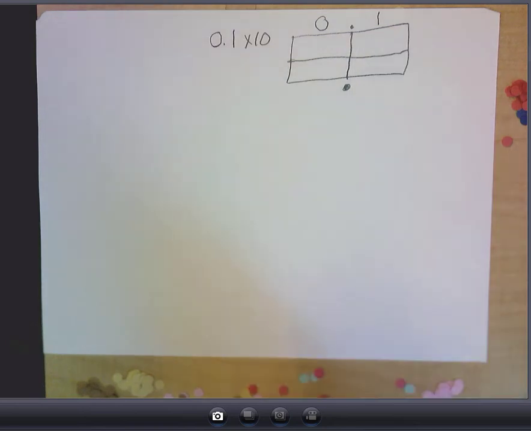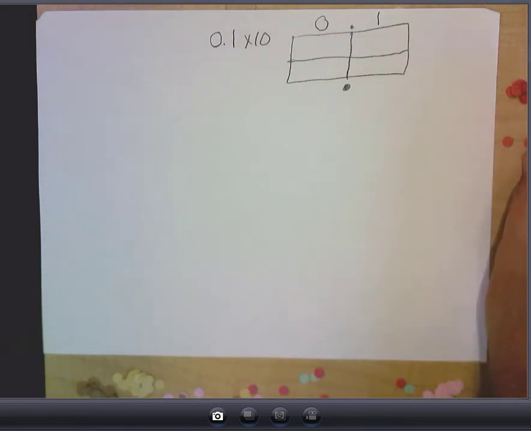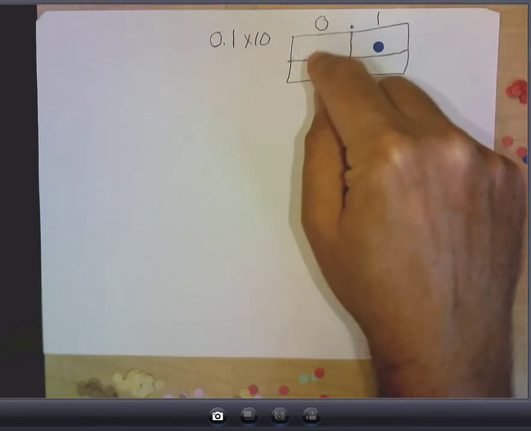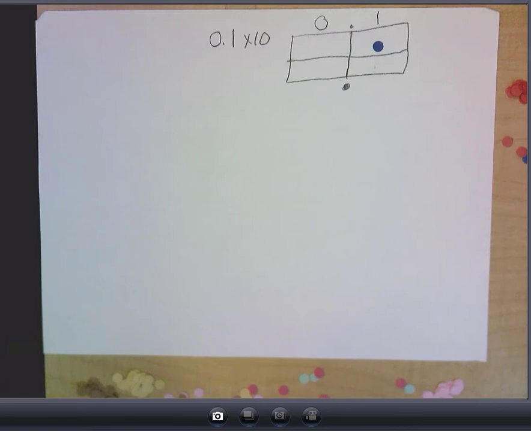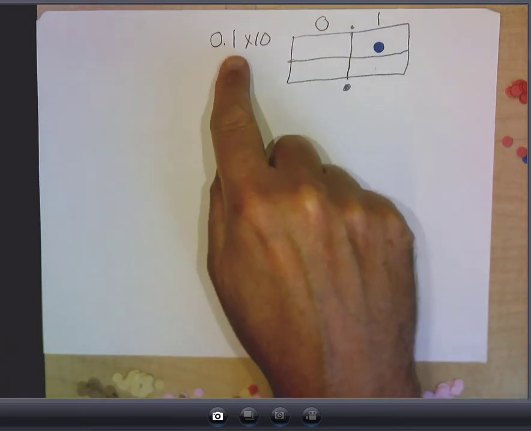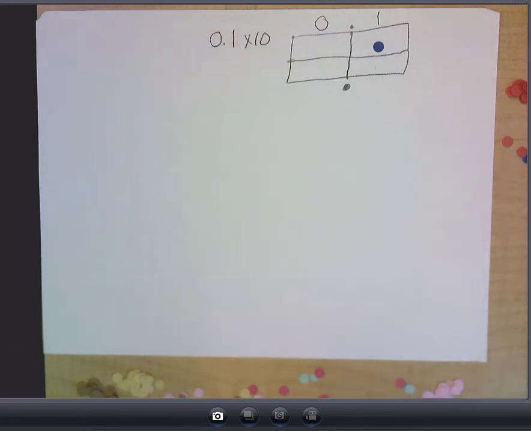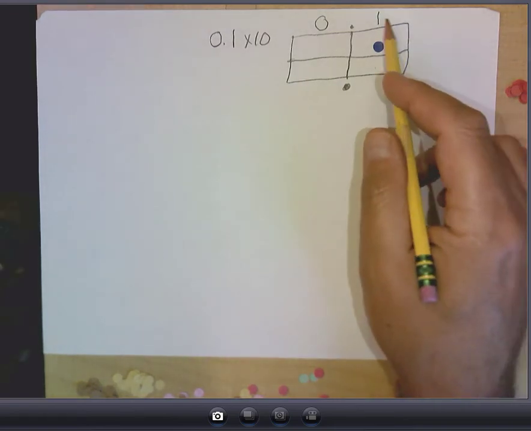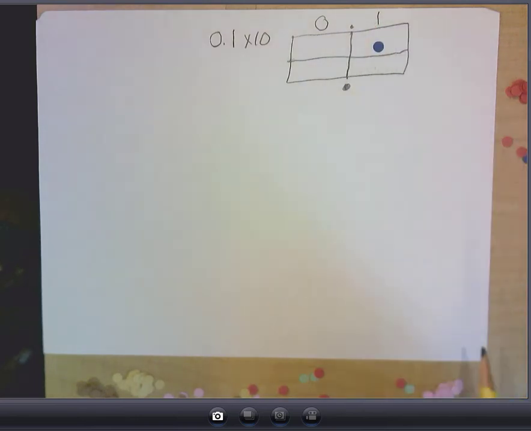So in the 10ths box, that's a blue dot. Notice we don't have any. How many do we have in the ones column? None, right? Because it's 0. So it's 0.1 times 10. So how many dots are we going to have in this box after we multiply 1/10 times 10?